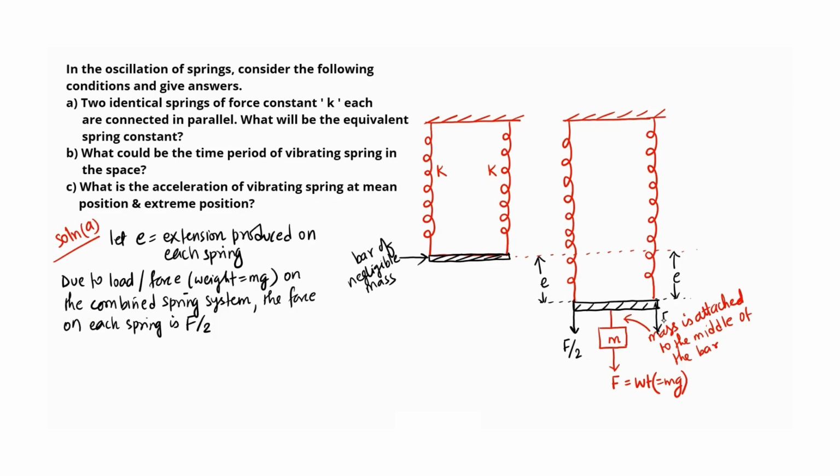And restoring force, so I'm writing in this way, F restoring equals minus K times E. So we have this, and restoring force on this spring is F restoring equals minus K times E. Clear?